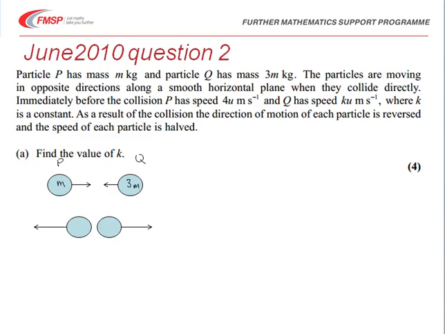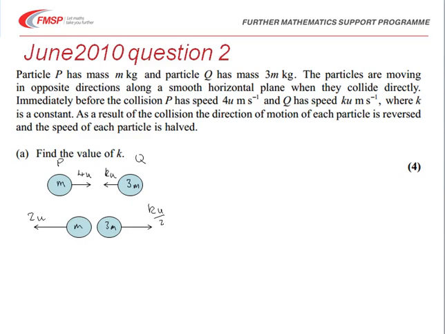We're told that the speed is 4u and ku, and that afterwards those speeds are halved. So that means that this one must be 2u and ku over 2, and that the directions have changed. So there's a diagram putting all of the information that we have in the question onto it.